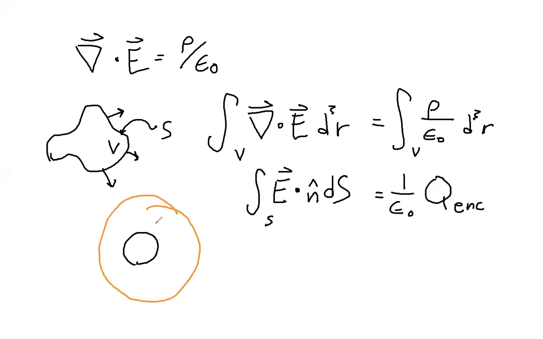I can't draw that terribly well, and you figure out what the electric field looks like. You could basically show that the electric field of a spherically symmetric charge is radially outward and uniform, et cetera.